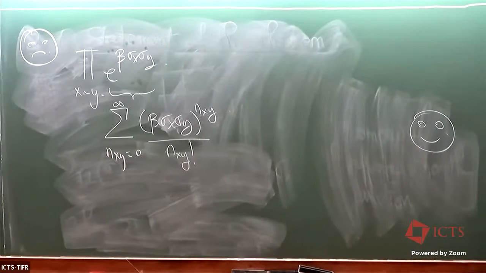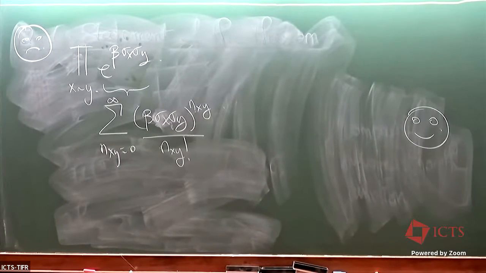So at this stage, it's not so clear why these random currents would be better than the high temperature expansion, especially since the high temperature expansion is something that you can get in many models. So why on earth would this be better? Well, we will see it in a second.